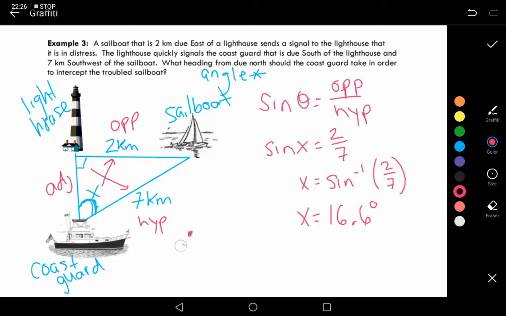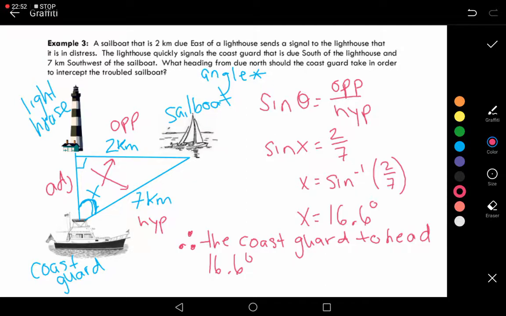Okay, of course, we want to refer back to the question, what did I actually just find? And then use that to make your therefore statement. So we want the Coast Guard to head 16.6 degrees.